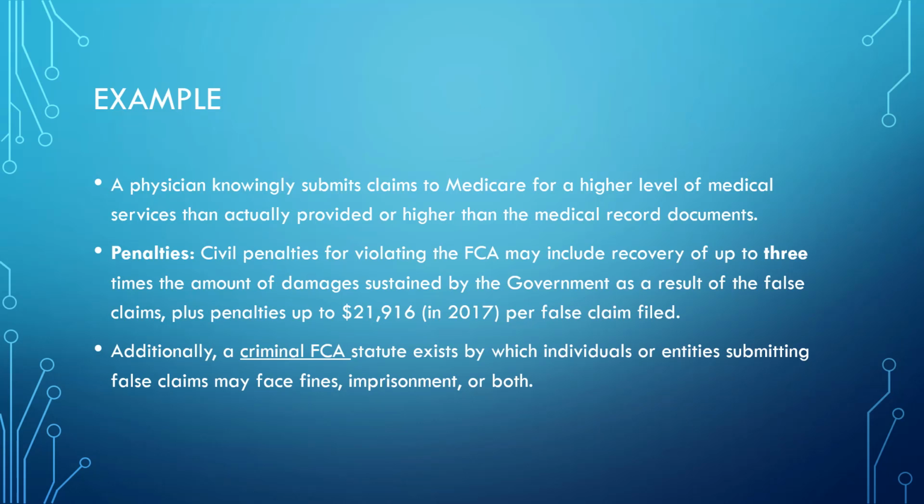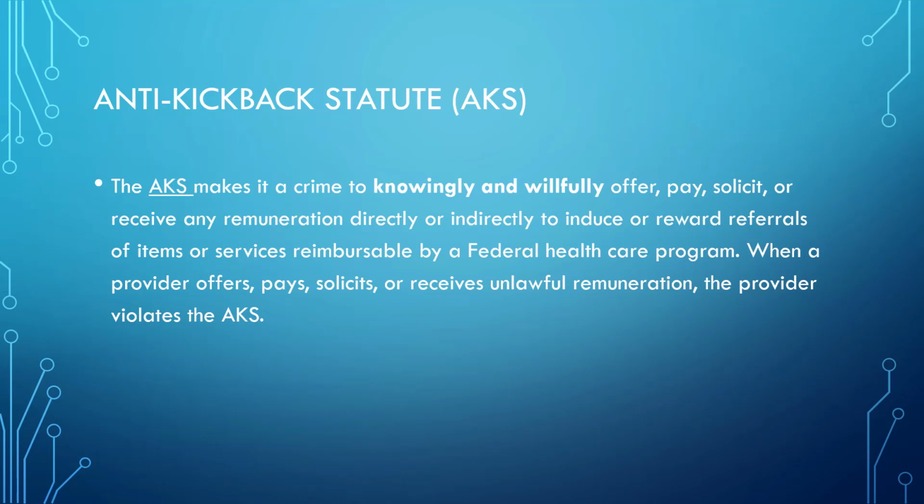And when I say in 2017, that's because as inflation goes up, that number will go up, and the government has a table they publish each year as to what this number will be. In addition, a violation of the False Claims Act may result in imprisonment, and it may result in your exclusion from federal programs.